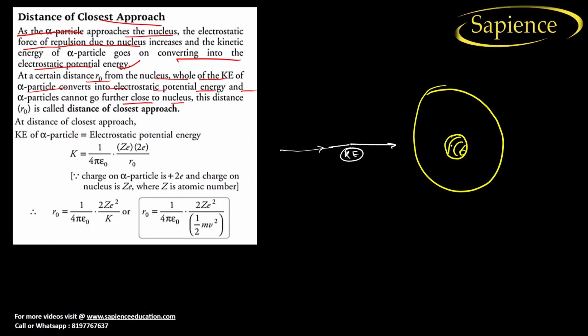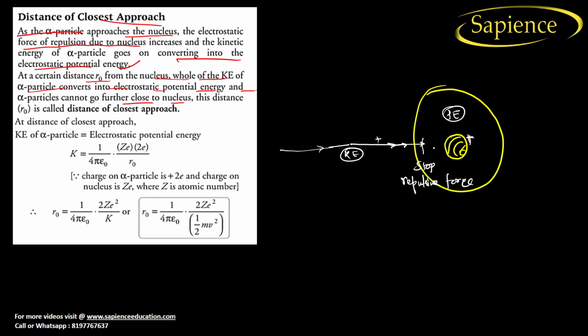Its kinetic energy will get converted into potential energy between these two, positive charge and positive charge, not negative charge. So what will happen? This will become slow due to the repulsive force, right? There will be a repulsive force between this positive charge as well as the nucleus, so as soon as it approaches nearby, at one point it will stop.